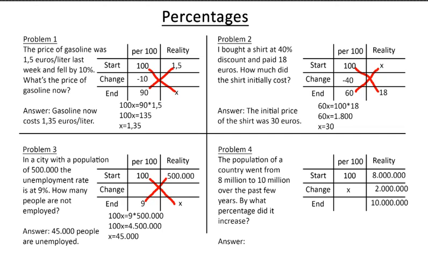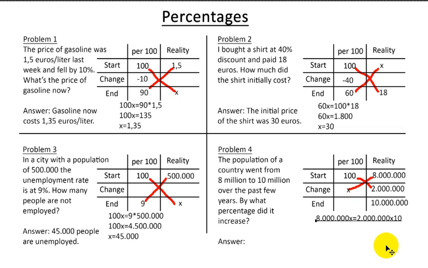And now I have things that are on the same lines. So now I can take this cross product. 100 times 2 million needs to be equal to 8 million times x. Let's solve that. 8 million x needs to be equal to 2 million.